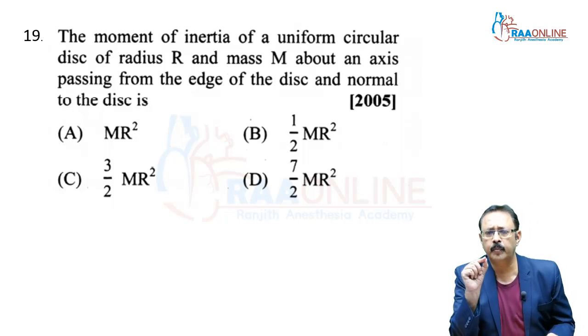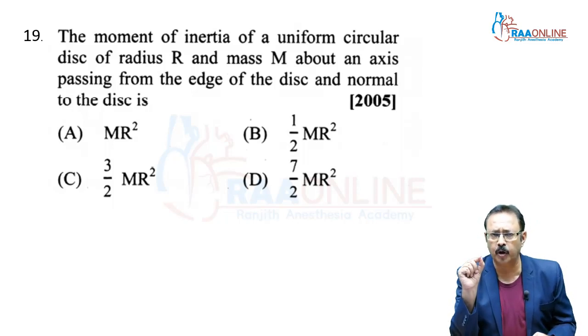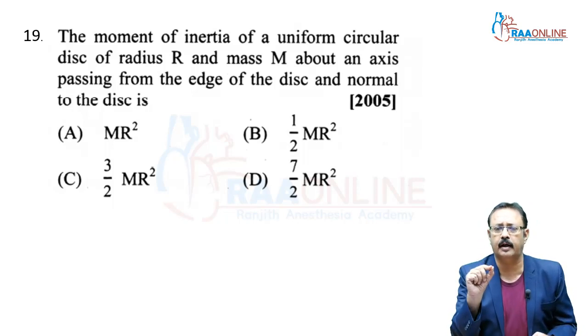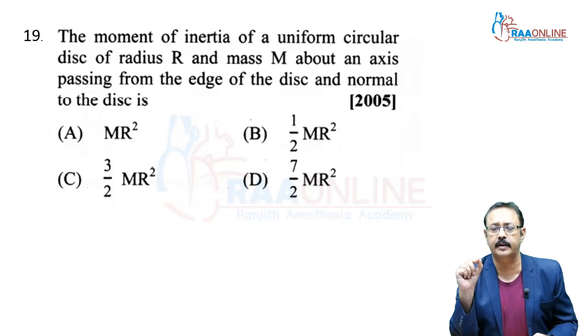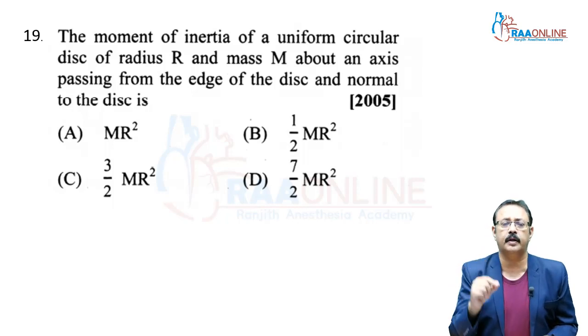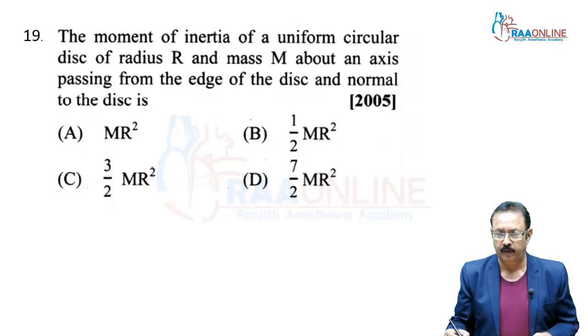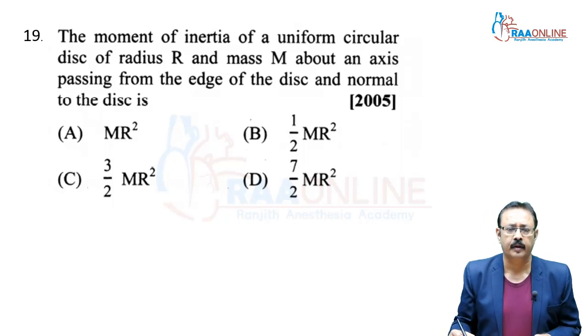Next, the moment of inertia of a uniform circular disc of radius r and mass m about an axis passing from the edge of the disc and normal to the disc is, what they are saying, you have one disc.